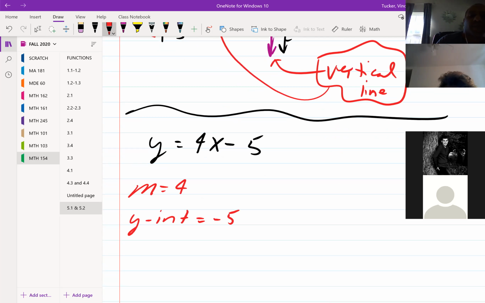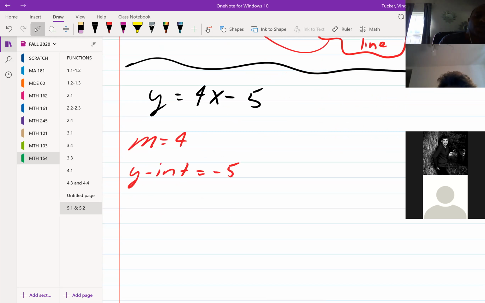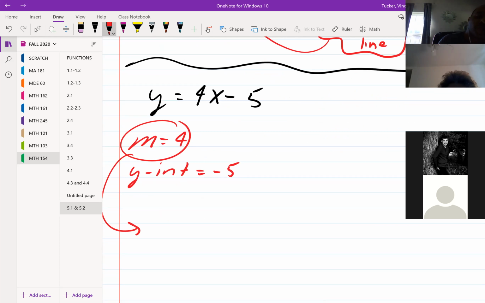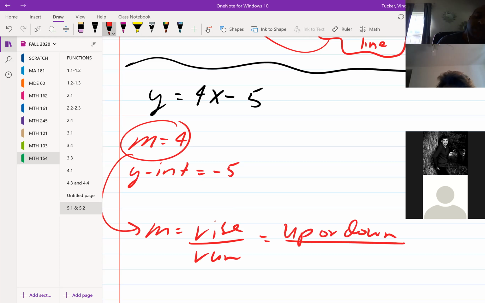Now, I didn't talk about the instructions that your slope gives. So your slope, we mentioned, is rise over run, which means up top, you're either going to go up or down because of that number. And that bottom, that run, means you're going to go right or left.